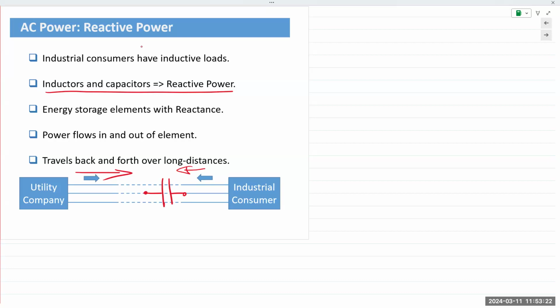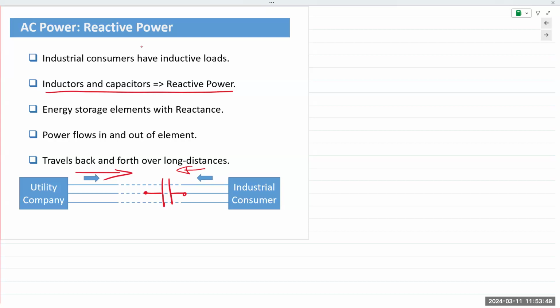Now, when the power flows out of the inductor, it flows into the capacitor. And when the power flows out of the capacitor, it flows into the inductor. Remember, voltage leads the current for an inductor, whereas in a capacitor, the voltage lags. And so they are 180 degrees out of phase.